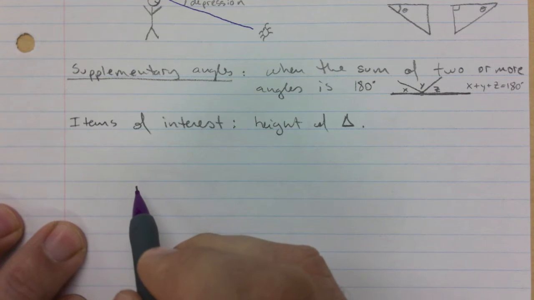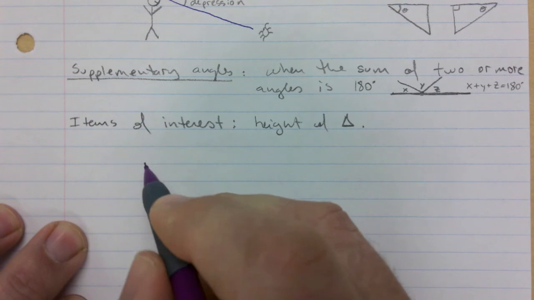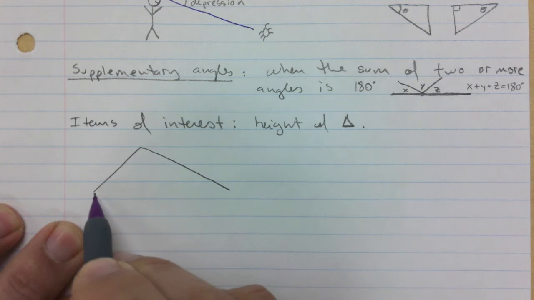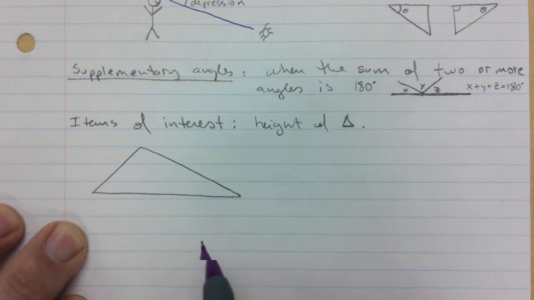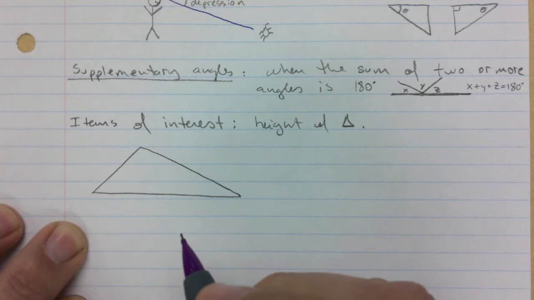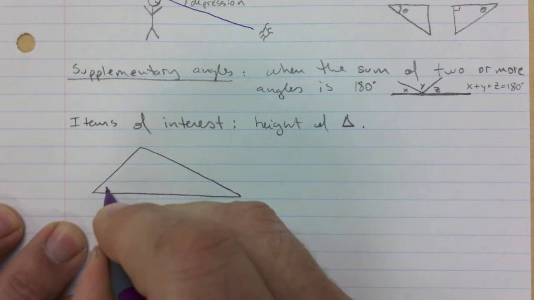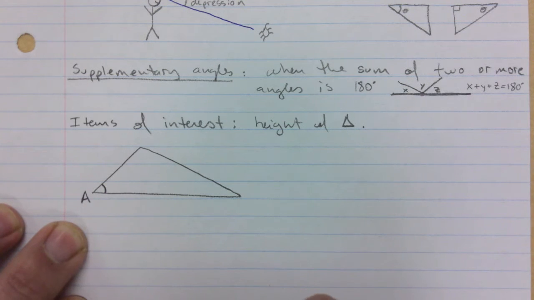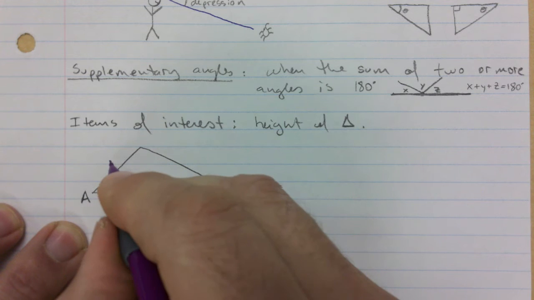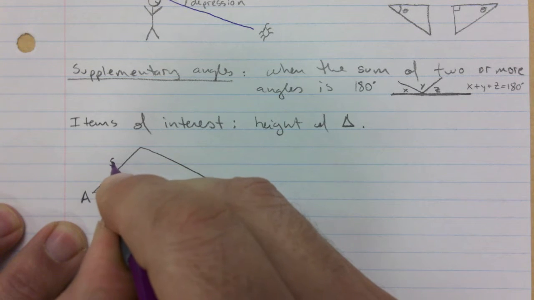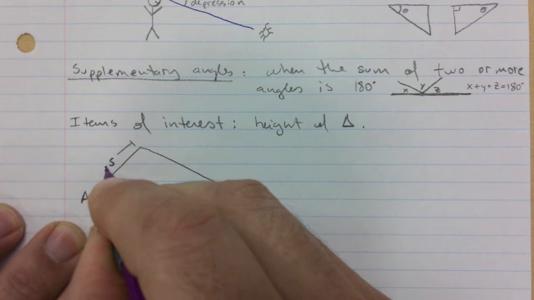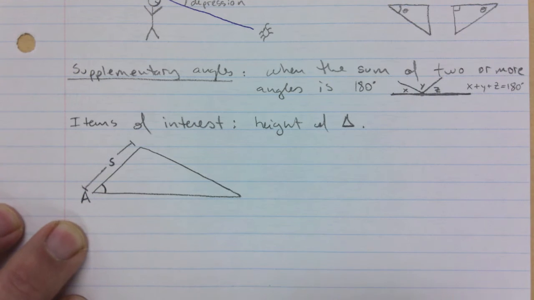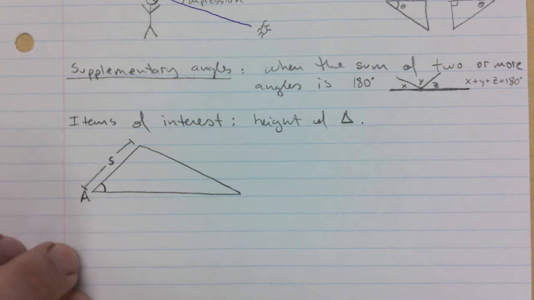So let's say you have a triangle like this, and you know that, let's say we call this angle here A, and we call this side S here. That's the measure of this side that's touching the angle.